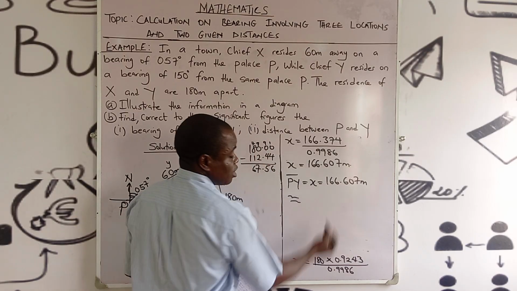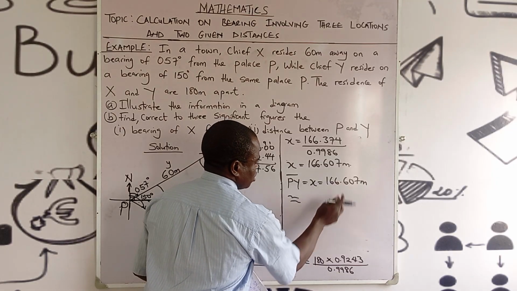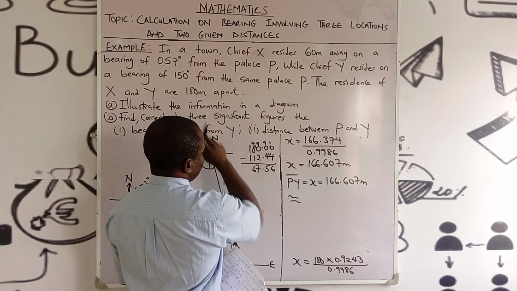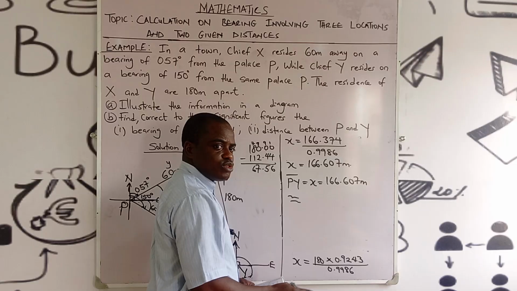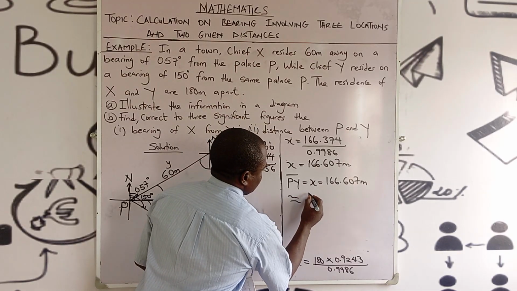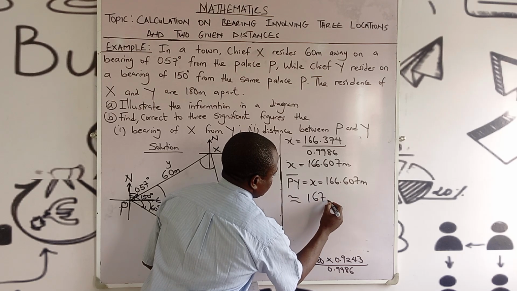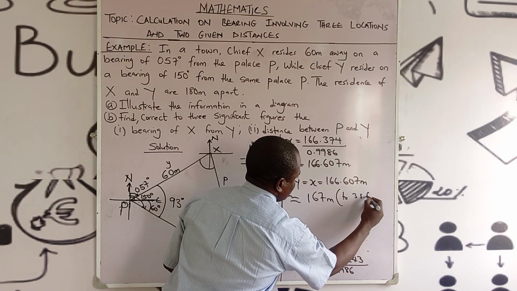You can see this 6 is more than 4, so we round up, adding 1 to this 6. But we're having it as 3 decimal places, and the question says three significant figures. You don't leave your question like this. If you leave it at this point, you will lose marks. Now it's approximately 167 meters to three significant figures.